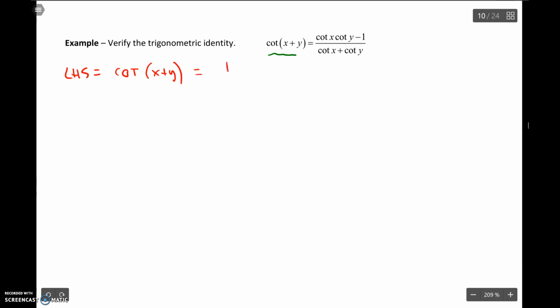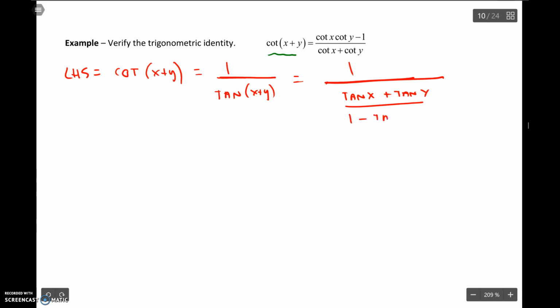Well, I'm going to use the reciprocal identity. This is the tangent of x plus y. Now I'm going to use my tangent identity. Long fraction bar. The tangent is tangent of x plus tangent of y, all over 1 minus the tangent of x times the tangent of y.